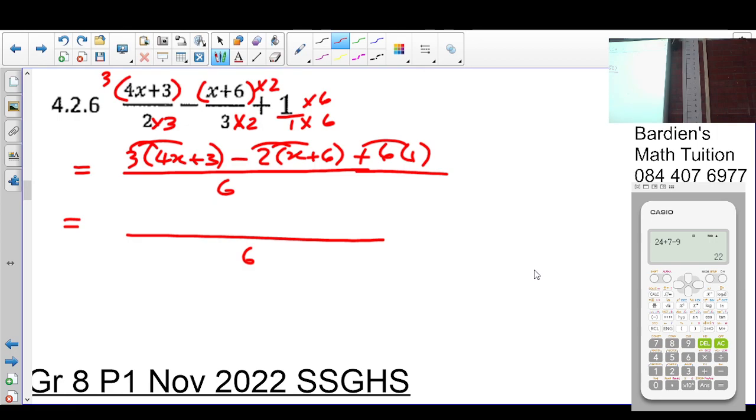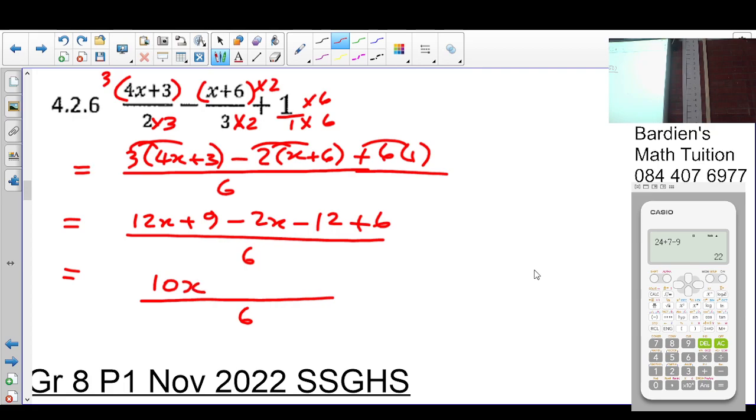So get rid of the bracket on top in the numerator. It's going to give you 12x plus 9 minus 2 times x minus 2x. Negative 2 times 6, negative 12, plus 6 times 1 is 6. So 12x minus 2x is 10x. 9 minus 12.